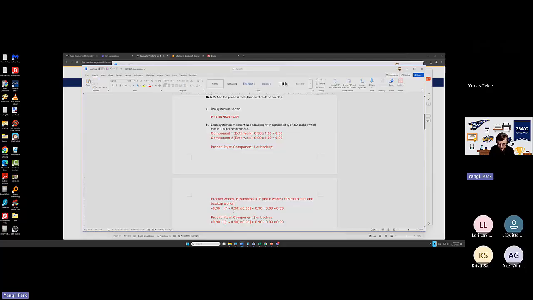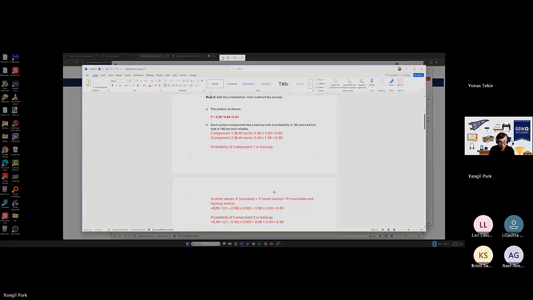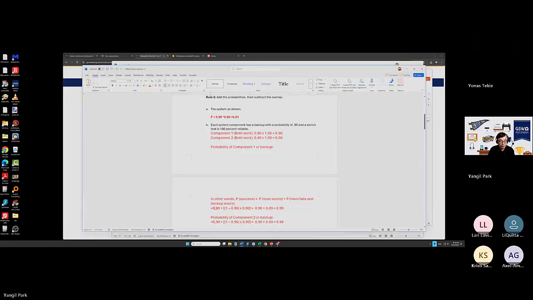Oops, there's a typo. That's 0.9. There you go. Okay, 0.9 plus, I think this is a good example. This is the success probability: the probability that main works, 0.9.